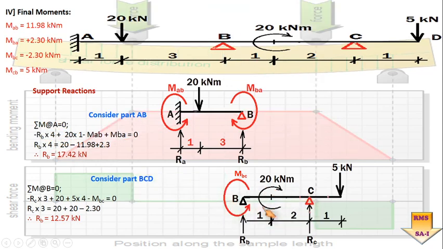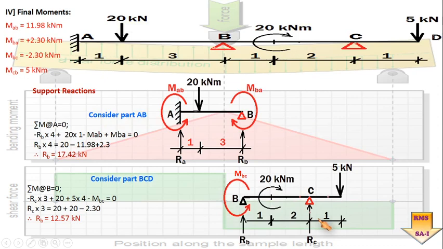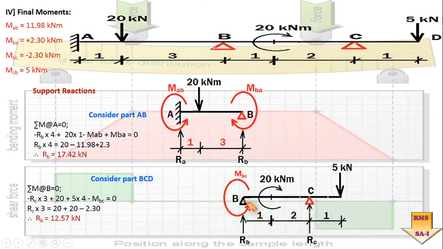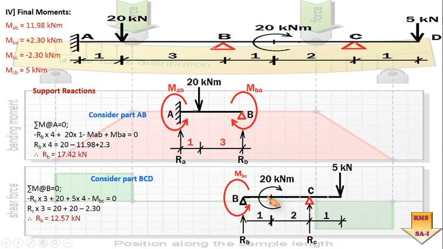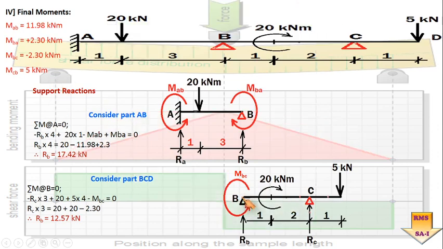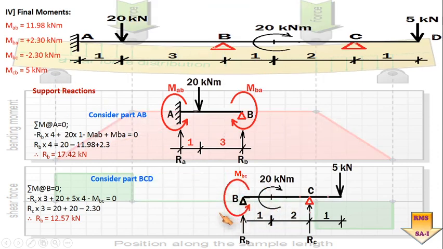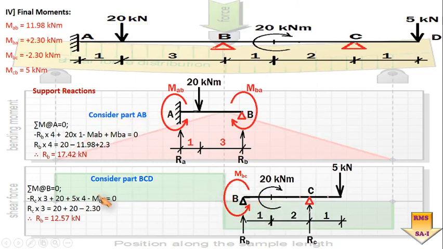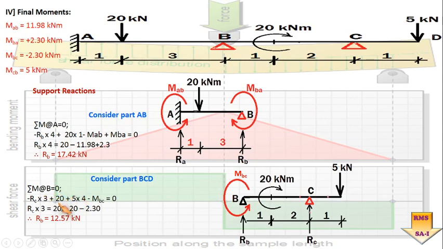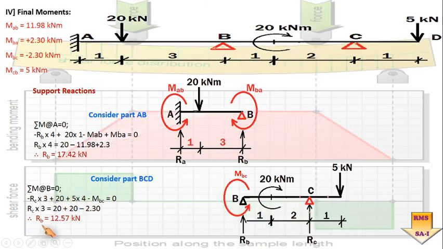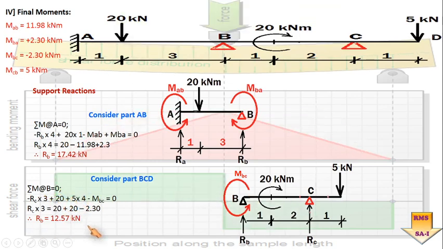Similarly, consider the other remaining part, that is BCD, and select a point. Again I have shown all the active and reactive forces, including the final moment occurring, and I have selected point B where I have to observe the equilibrium condition. So taking moment about point B and simplifying that, I got a value of RB equal to 12.57.